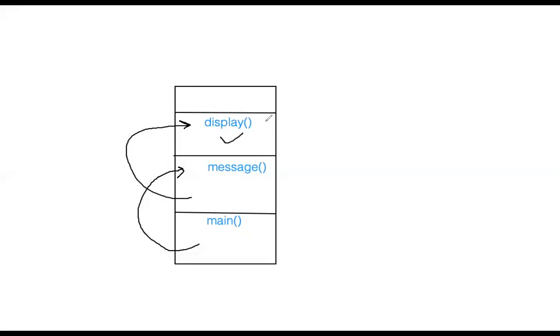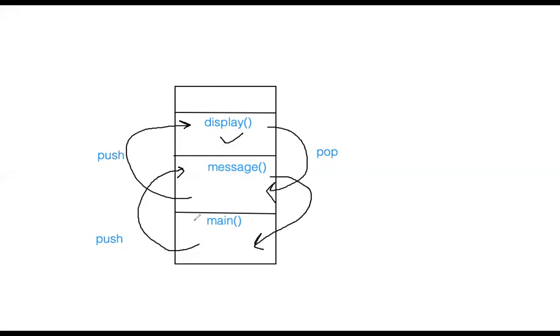You can see here on the whiteboard, when display is done, it is popped. This is the push operation, these are all push operations. Now what is this operation? It is known as a pop operation. Now message has done its work and goes to main.